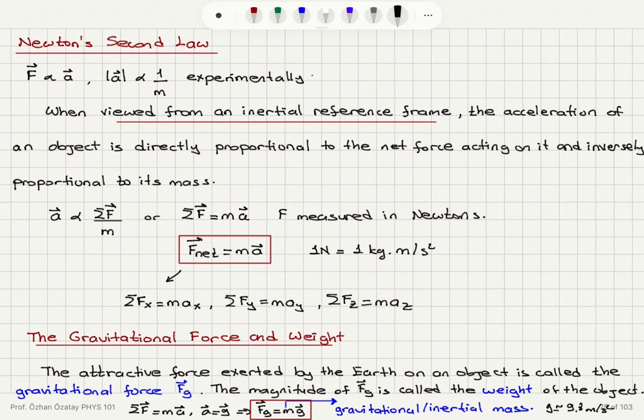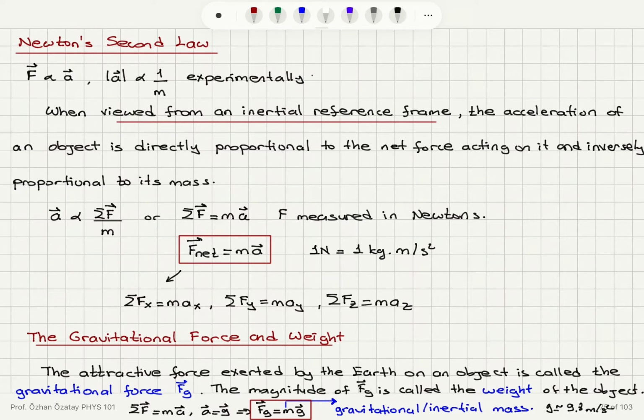So we can use this quantity, and when we talk about the response of the object to the gravitational force, the mass that appears in this equation we can call gravitational mass or inertial mass.